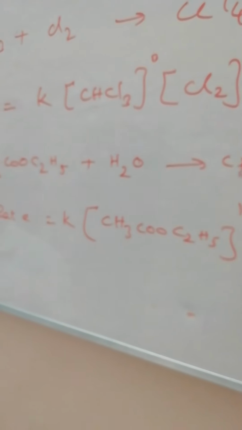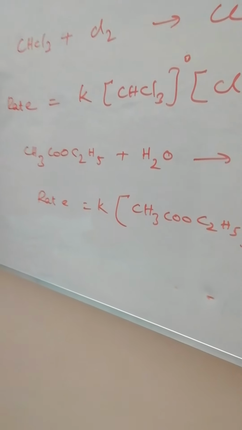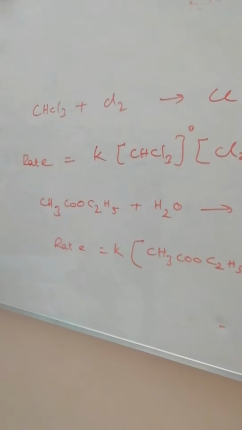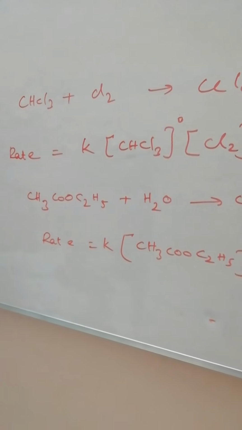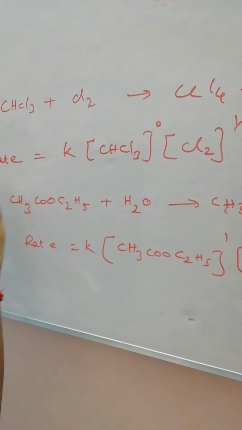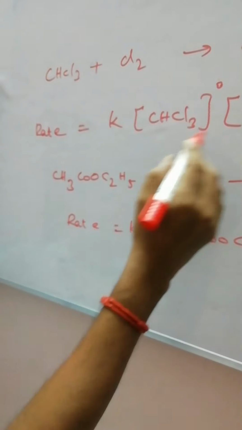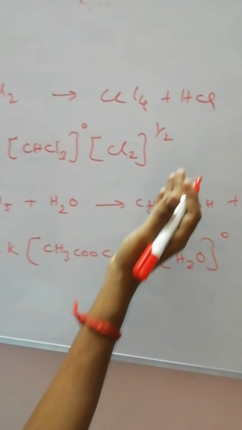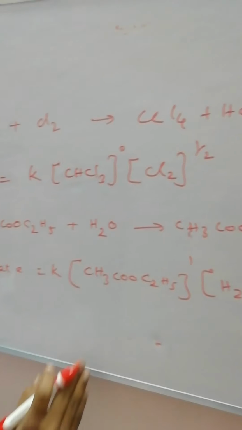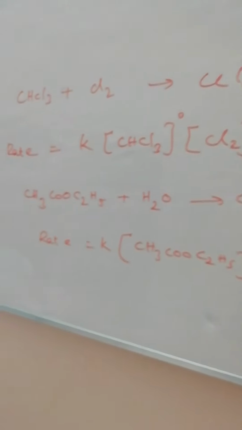So merely looking at this reaction, the rate of the reaction is not the same as the stoichiometric coefficient. What are the stoichiometric coefficients? 1, 1. But here the x and y values are different from the stoichiometric coefficients. So the rate law for any chemical reaction is an experimental value. It is not obtained merely by looking at the chemical equation and the stoichiometric coefficients.